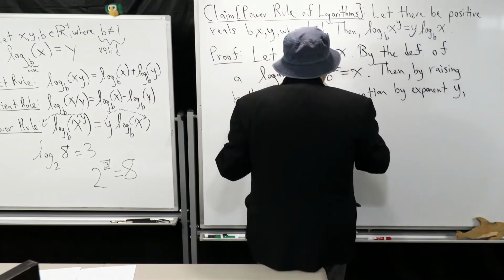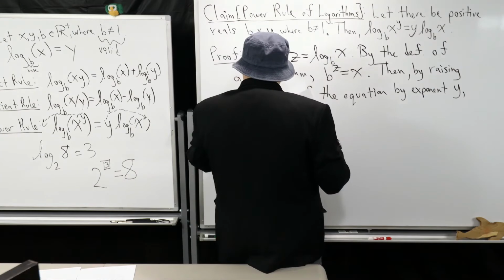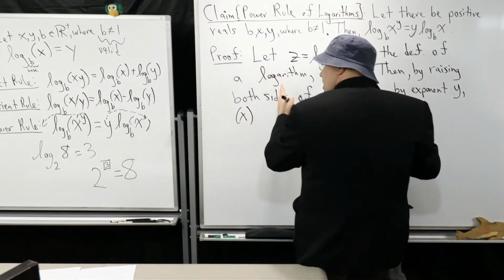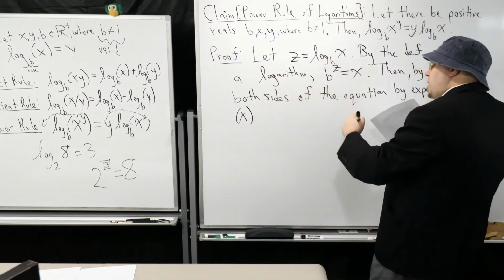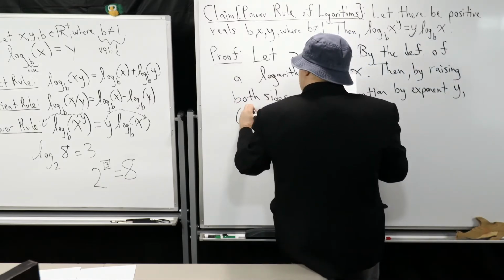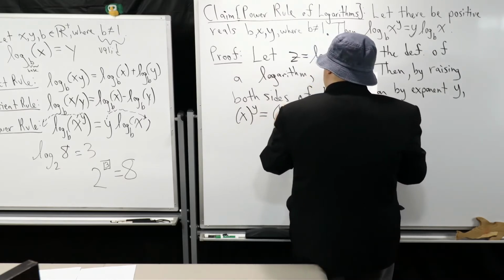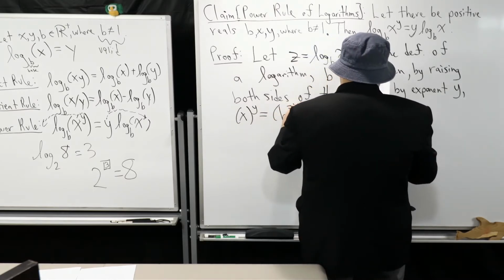So I have x is equal to b to the z, right? So what I'm going to do is raise each side of the equation by y. So I have b to the z, and this is going to be a y here.